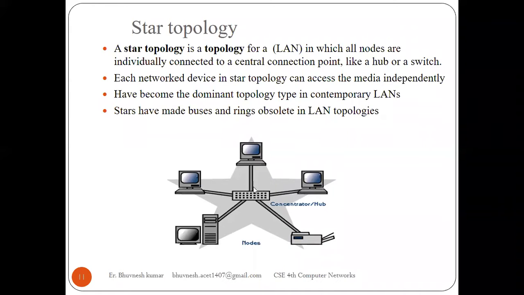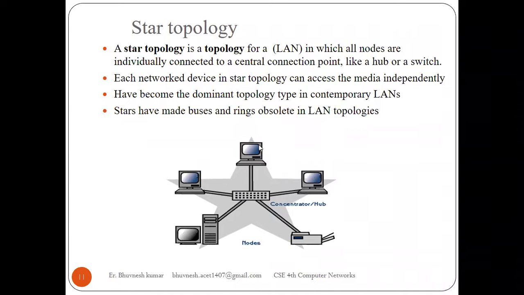Here on this diagram, these 5 nodes or your 5 PCs are connected with a device, and this device can be your hub or can be your switch. You will see that it has created a star-like structure.